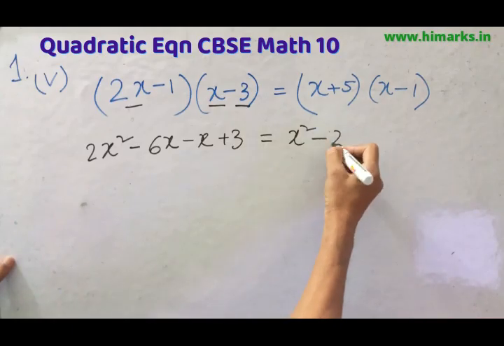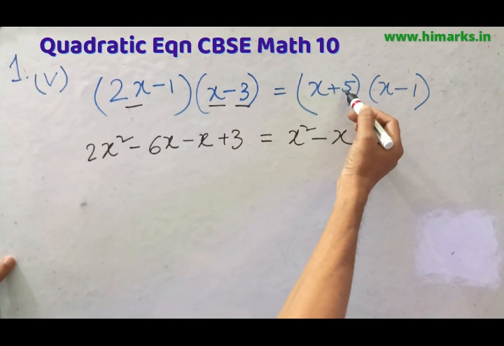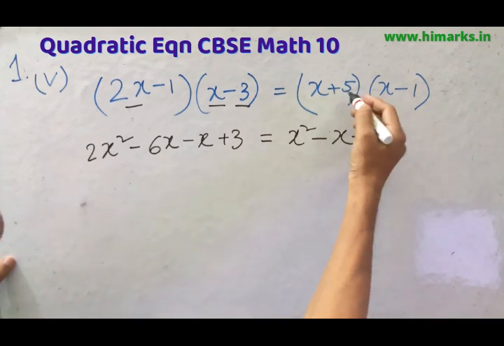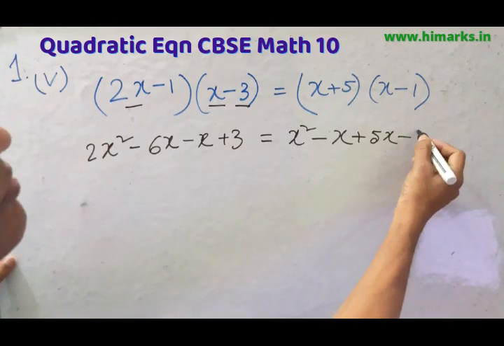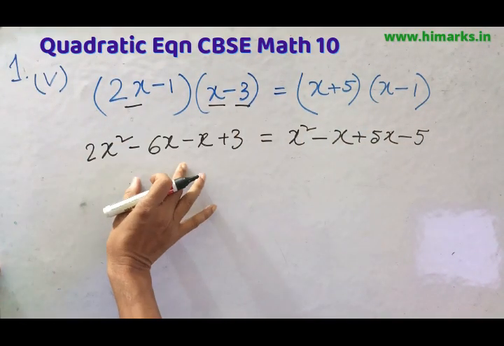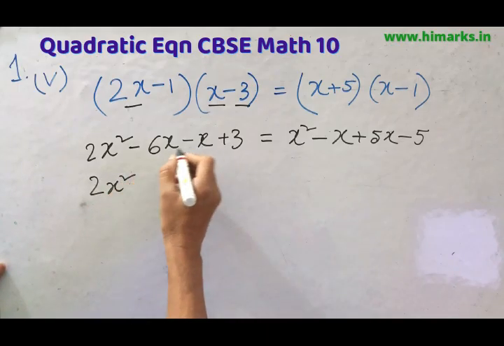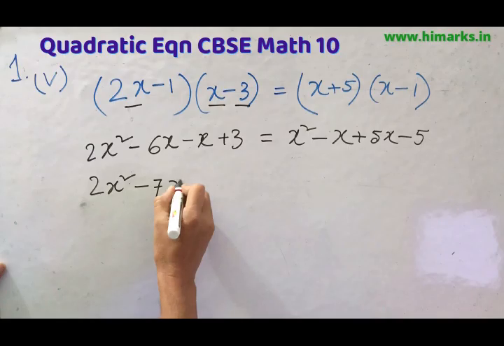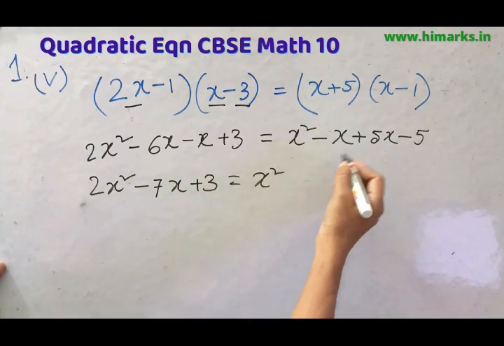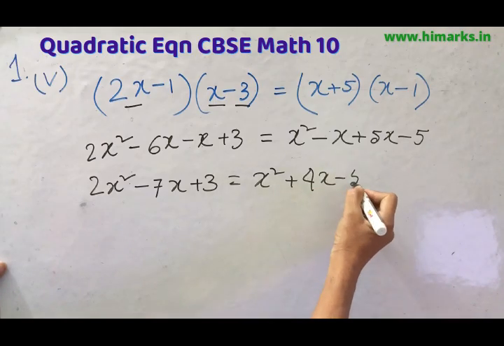X into minus x, and plus 5 into x is 5x, and plus 5 and minus 1 is minus 5. Okay, so next is that simplify each side. 6 minus 6 minus 7x plus 3. This side is x square minus x plus 4 is a plus 4x, and is a minus 5.